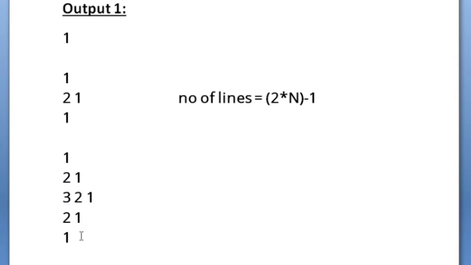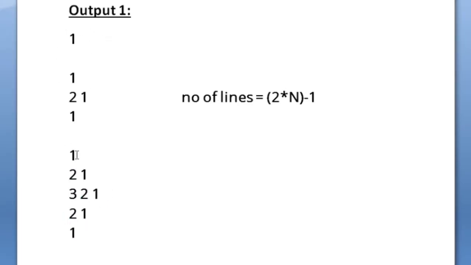So now we have determined the number of lines in every part of our pattern. Now we should print these patterns individually. The first integer starts from 1, in the second line it starts from 2, and in the third line it starts from 3. So it is increasing: 1, 2 and 3, and after reaching 3 it starts to decrease.